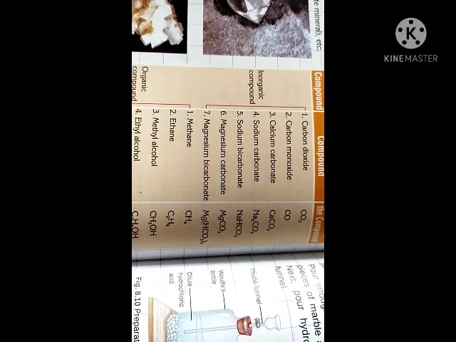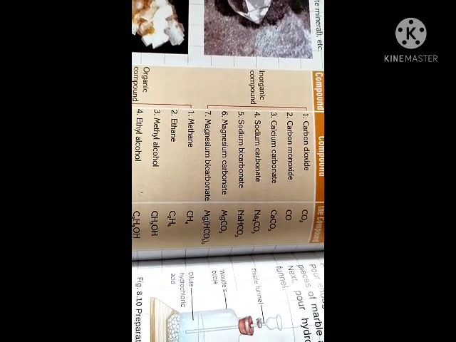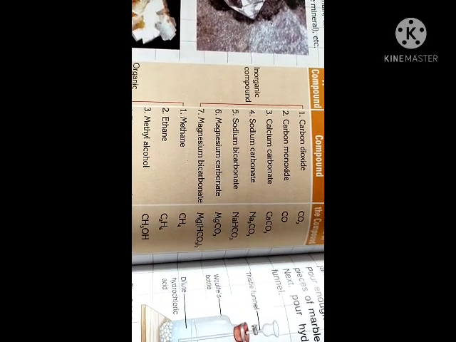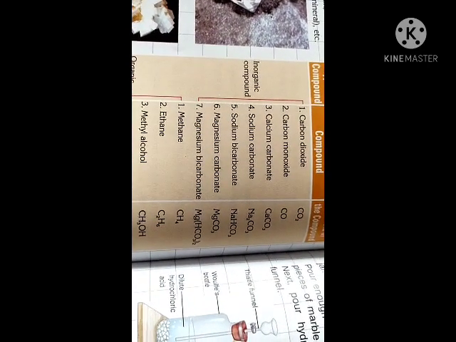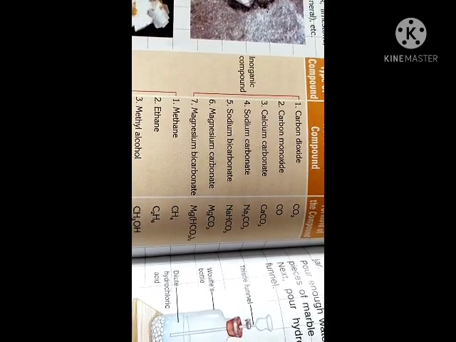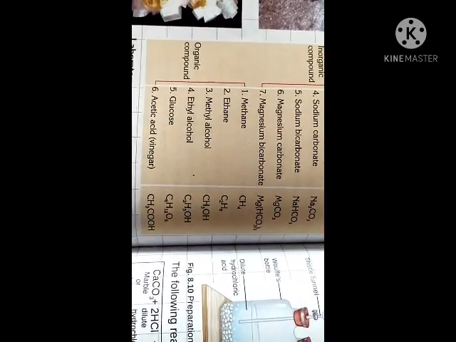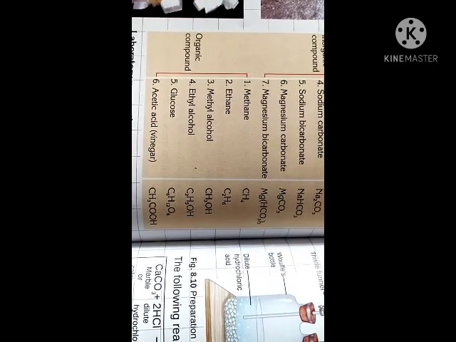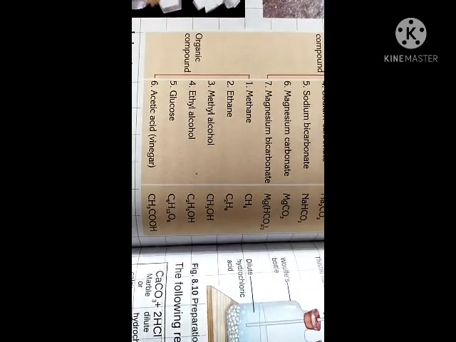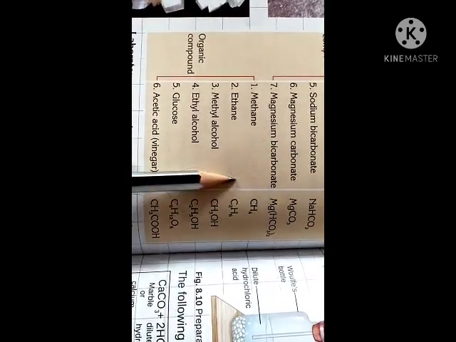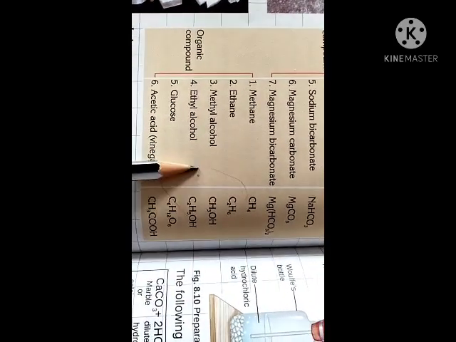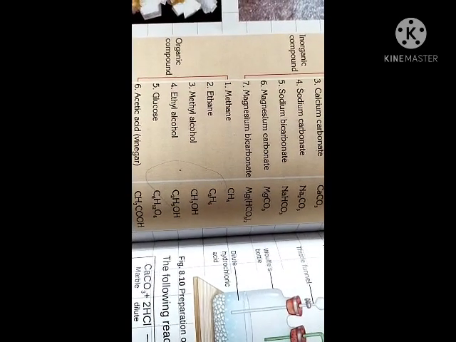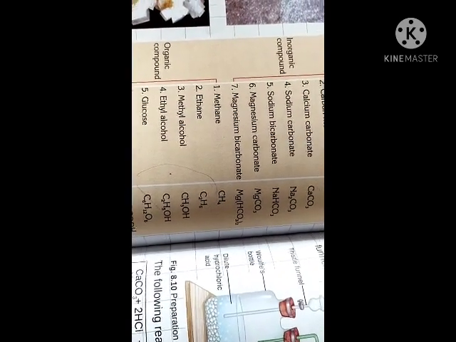What you can see here, carbon dioxide, carbon monoxide, calcium carbonate, sodium bicarbonate, magnesium carbonate, magnesium bicarbonate, all are inorganic compounds of carbon. And organic compounds are methane, ethane, ethyl alcohol, glucose, acetic acid. They are made by several kinds of processes, or they get formed by the mixing of two elements. So these are the organic compounds of carbon.